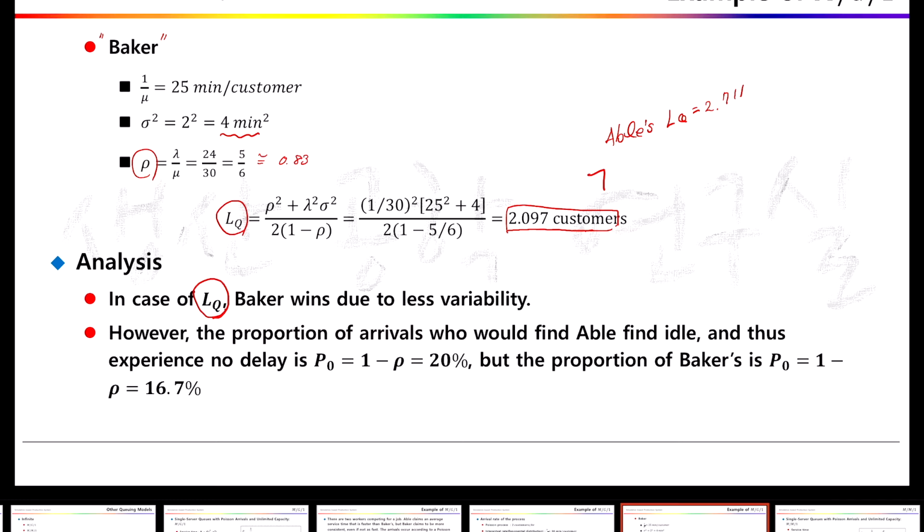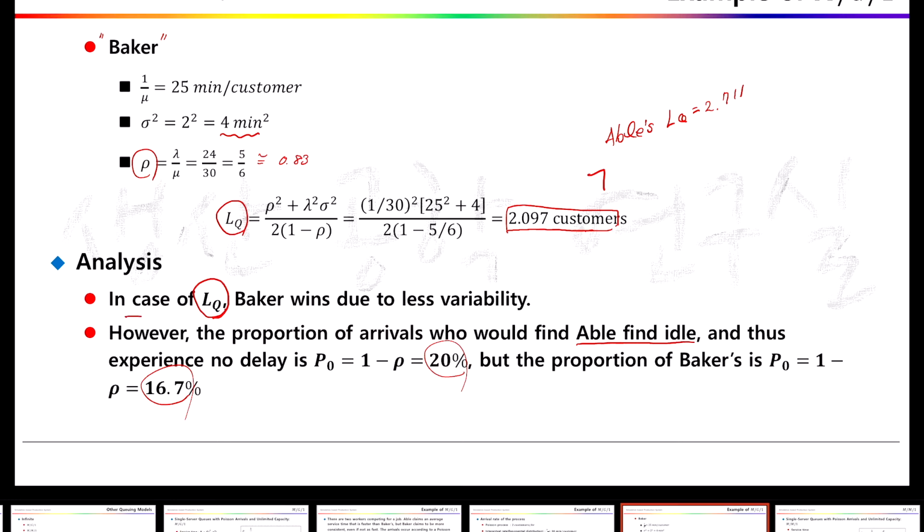However, the proportion of arrivals who would find the server idle and thus experience no delay, P0, is going to be 20% for Abel, but the proportion for Baker is about 16.7%. So maybe the result can change based on what kind of index is considered for the hiring condition.